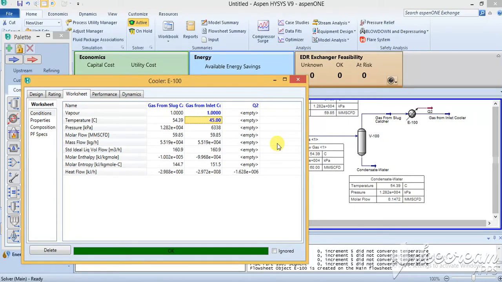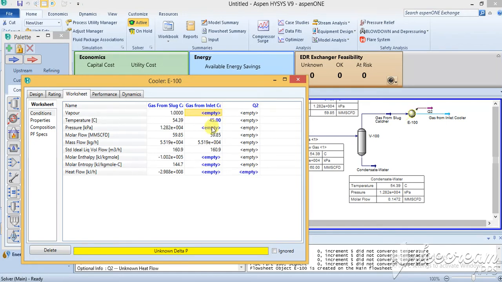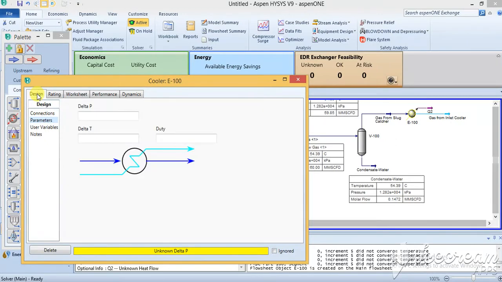This is one option. The other option is that you just delete this one. In most cases, you know how much delta P there will be across the cooler. If you go to the design and then to the parameters, you can give the delta P here. I am considering that there will be a pressure drop of 50 kPa across the inlet cooler.